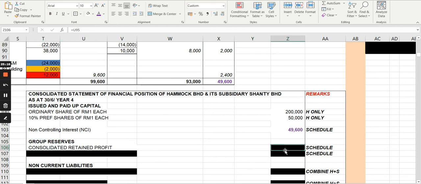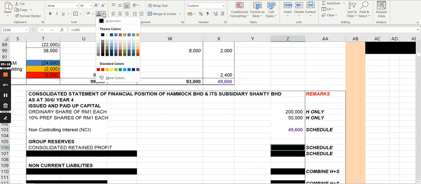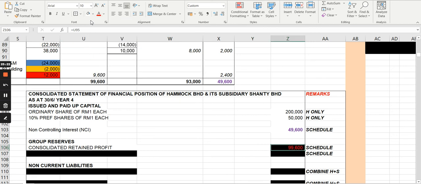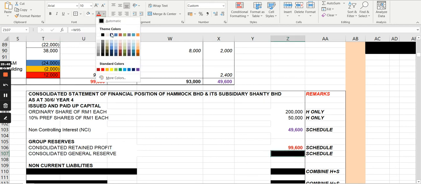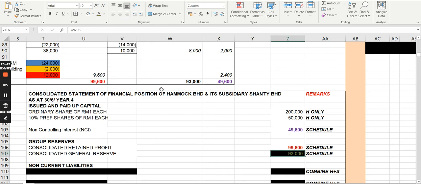You can put the group retained profit here as well, and that is going to be, I put red just to make sure you can see it from far, the 99,600. The next one would be your group or consolidated general reserve. Consolidated general reserve.